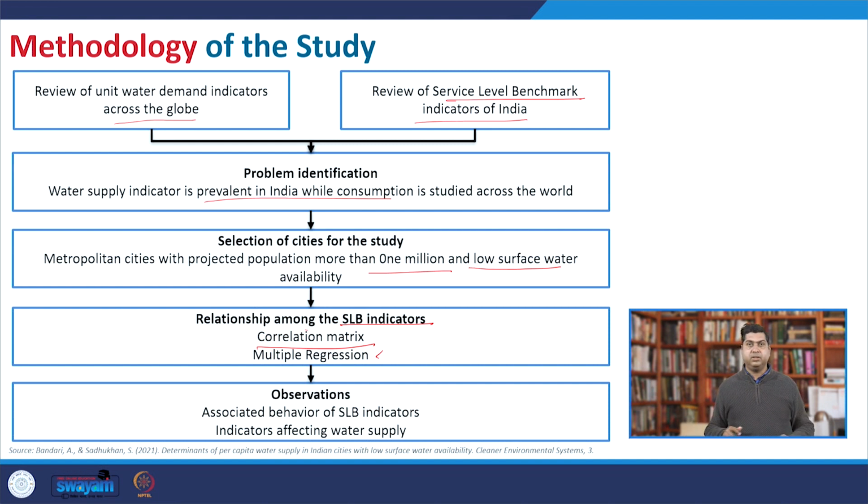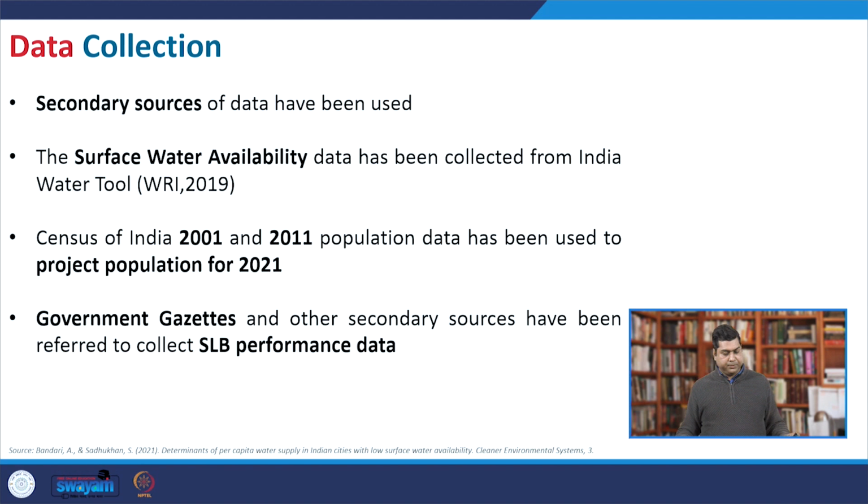We developed a linear regression. Finally, we observed the associated behavior of SLB indicators and the indicators affecting the overall water supply. From the correlation matrix, we can see how they influence each other, and also how they impact the per capita supply of water.